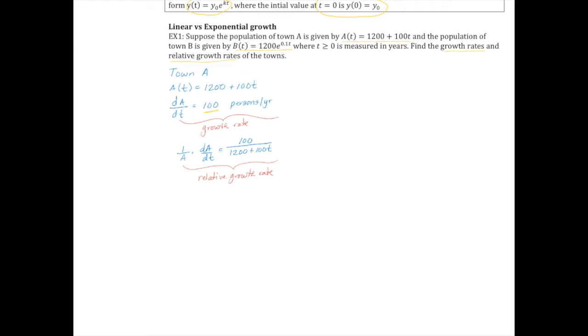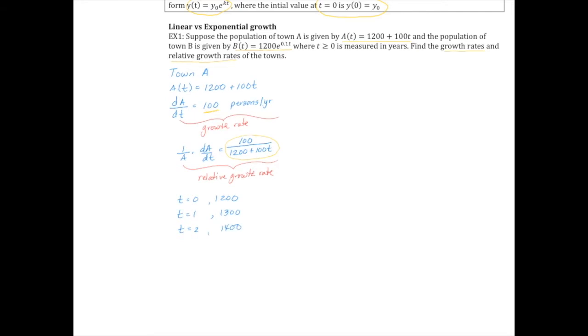The relative growth rate is a little bit different. The relative growth rate gives you the percent increase in the population year by year. So it's going to change. So for instance, when t is equal to 0, our population is 1200. When t is equal to 1, the population is 1300. When t is equal to 2, the population is 1400, and so on.